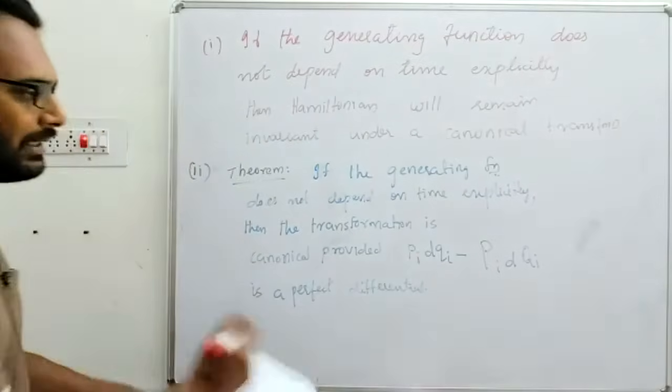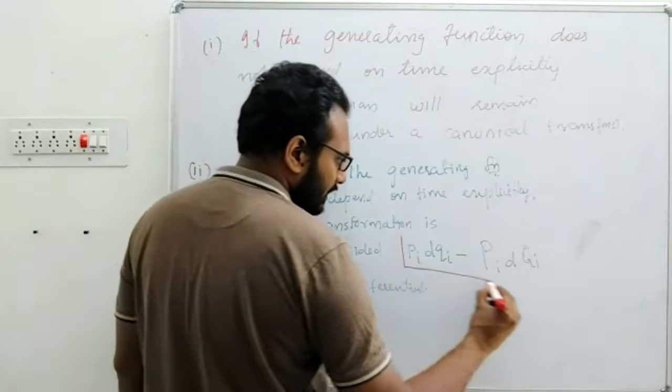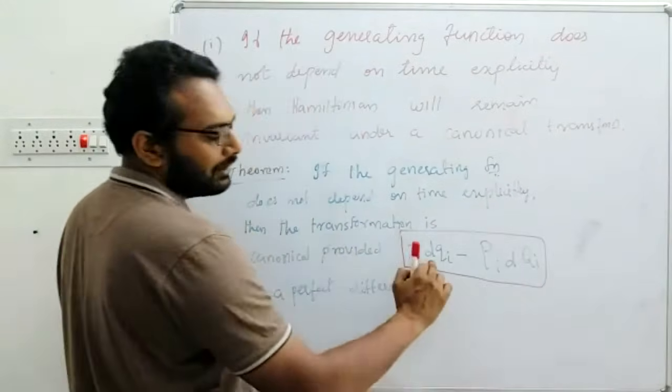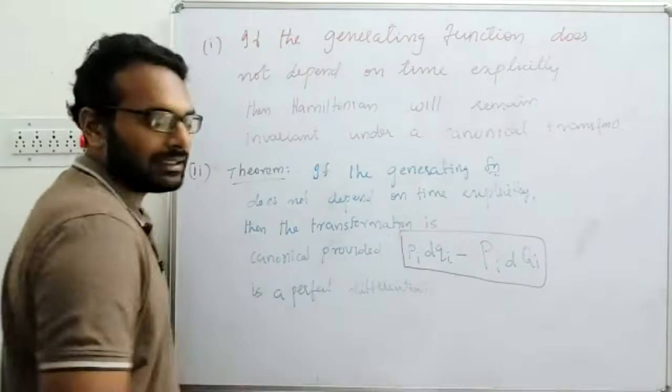So this statement is actually saying, if you want to check whether a given transformation is canonical, there is summation implied over index i. We use Einstein summation convention.